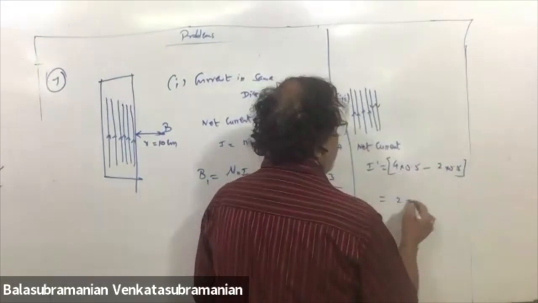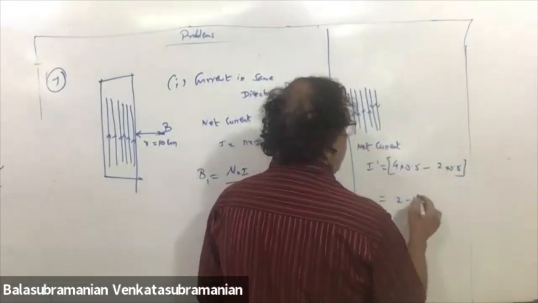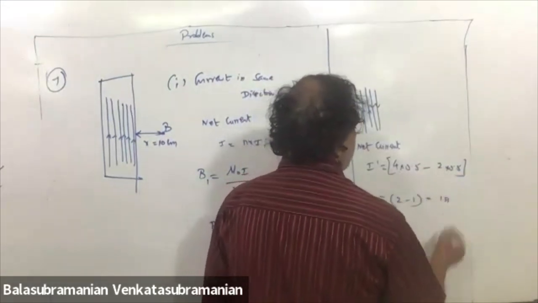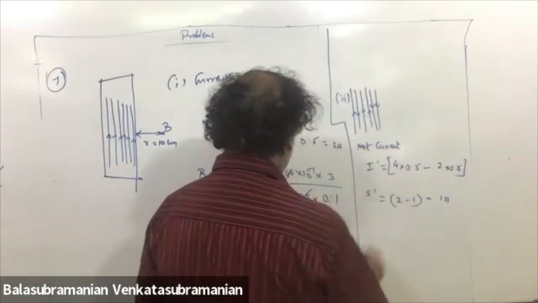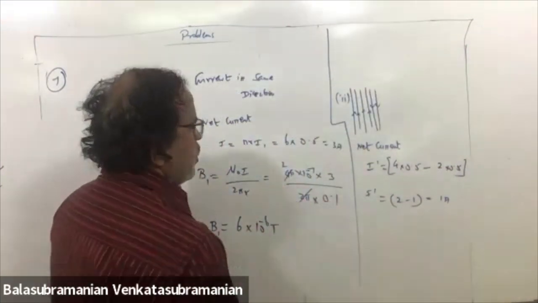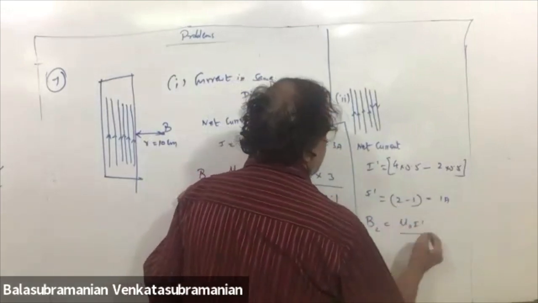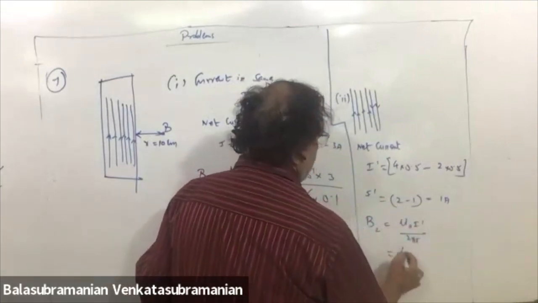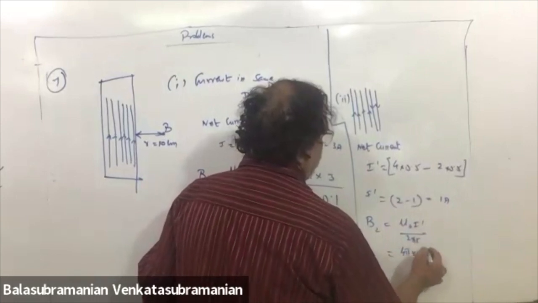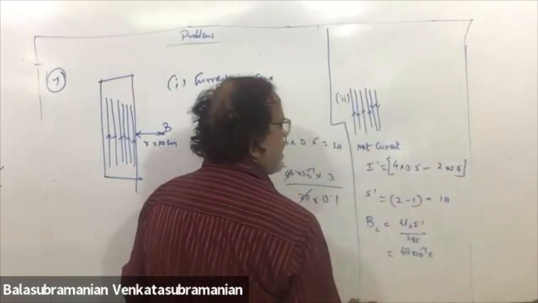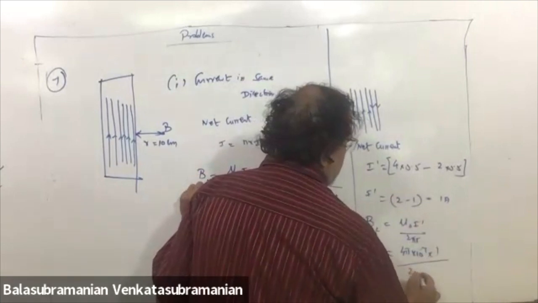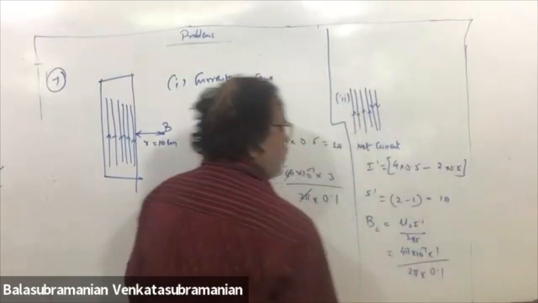4 into 0.5 is 2. 2 into 0.5 is 1. So 1 is I dash. Therefore, B2 is equal to mu naught I dash by 2 pi r. 4 pi into 10 power minus 7. What is I dash? 1 ampere, by 2 pi into 0.1.